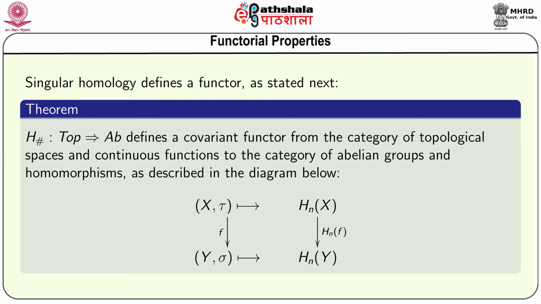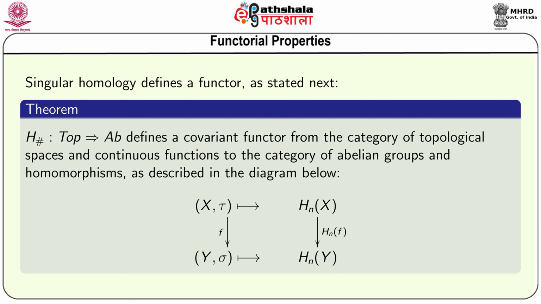So, from these two functorial properties, we can state this theorem: singular homology defines a covariant functor. We denote the functor by H sharp, which takes the objects of Top to the objects of the category of abelian groups and homomorphisms.